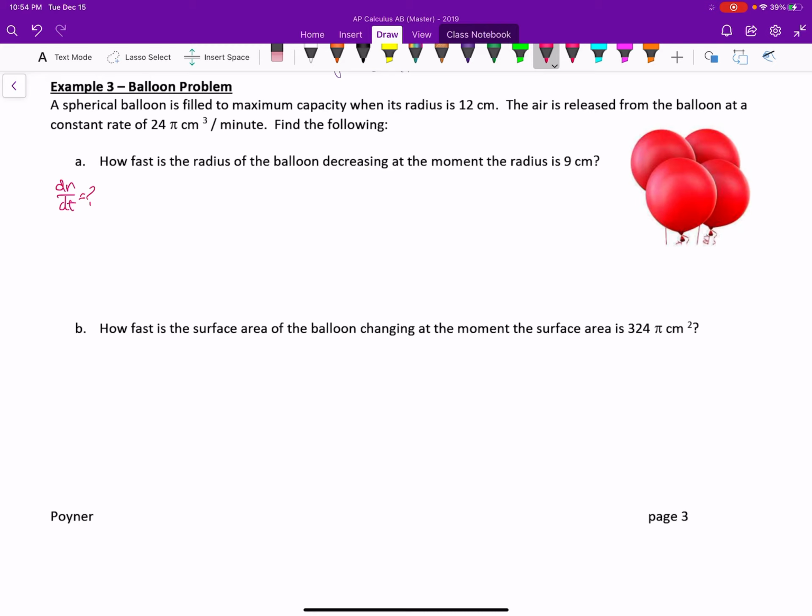Okay, so first we need to find a formula that works for us. There are some expectations. You need to know the areas of simple figures like a circle, the circumference of a circle, and a lot of volume formulas: volume of rectangular prisms, volume of spheres, a box is a rectangular prism, things like that.